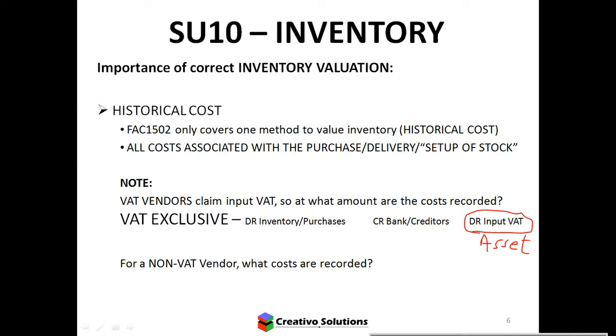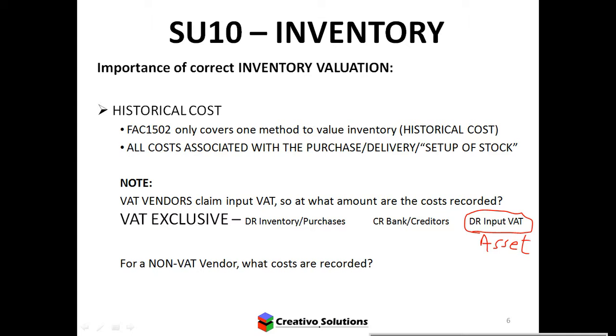So if I'm a VAT vendor and I'm buying stock, stock will be seen as being slightly cheaper because it'll be at 100%. It'll be the VAT inclusive minus the VAT, gives you the VAT exclusive. That's the amount that I'm going to be using to record in my books.